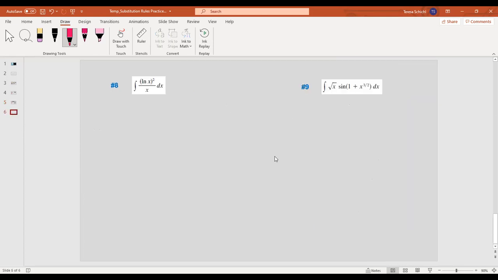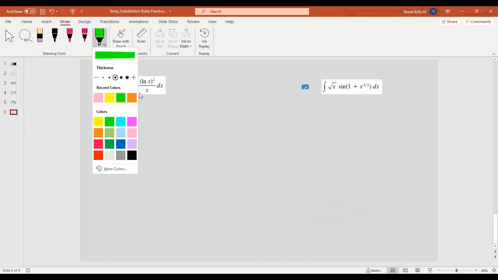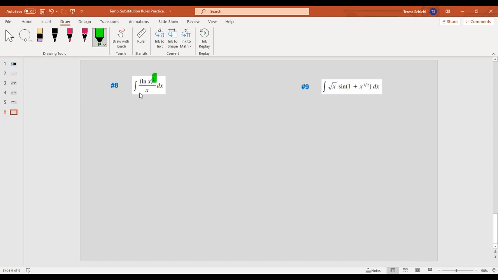Okay, so this one is kind of a little tricky. Now let's take a look at the second one here. This one is natural log x squared, times 1 over x. So you look at it and you say, hey, because this is squared, this is probably my function, right?